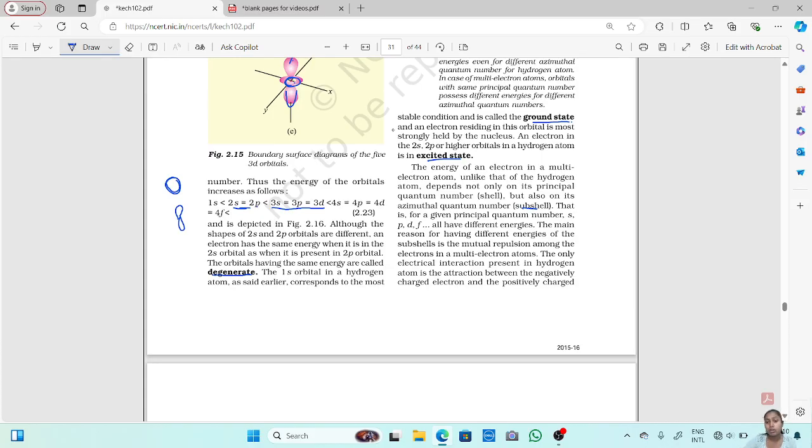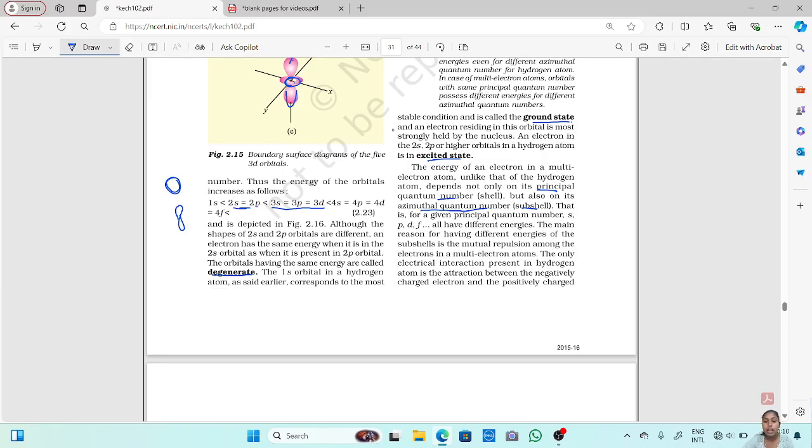For an atom with more than one electron, the energy depends on both. So for a given principal quantum number, s, p, d, f all have different energies.